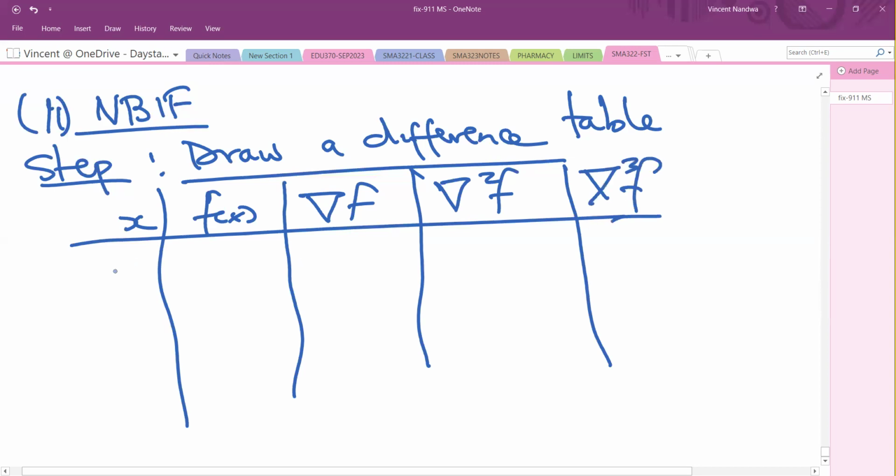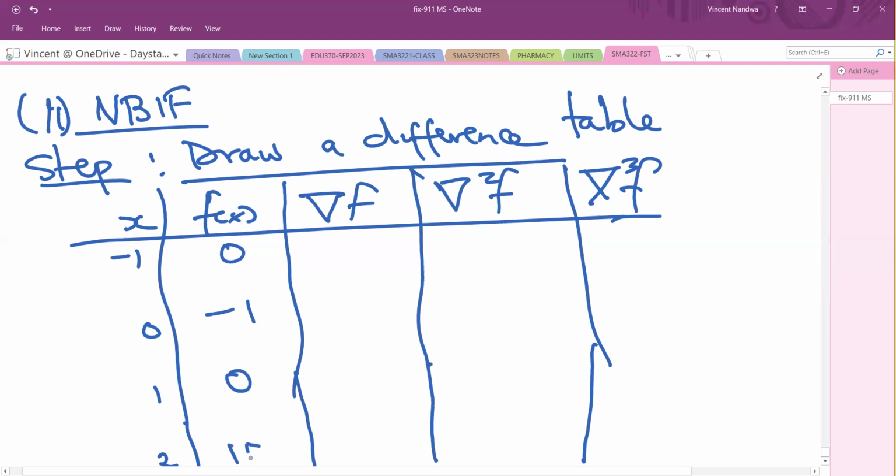So x starts from -1. You skip a line, 0, skip a line, 1, skip a line, 2. Then when x is -1, f is 0. When x is 0, f is -1. When x is 1, f is 0. And then when x is 2, f is 15.